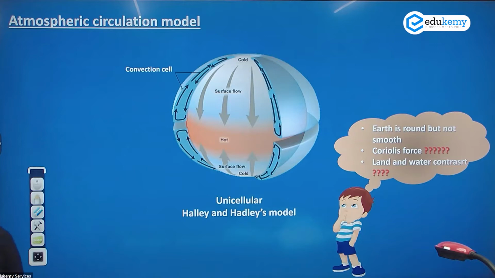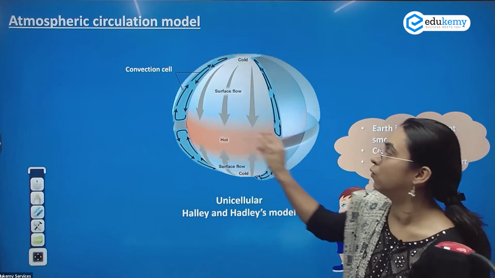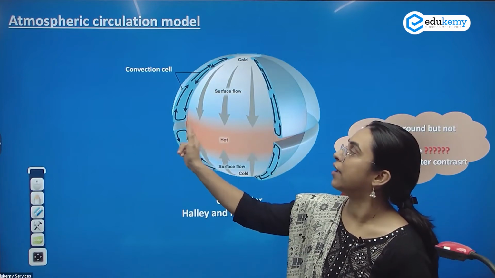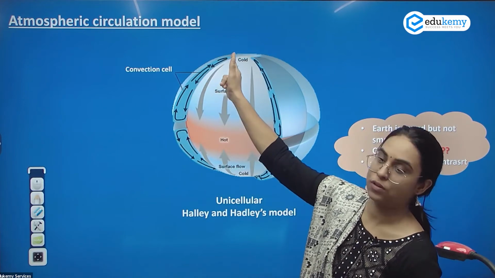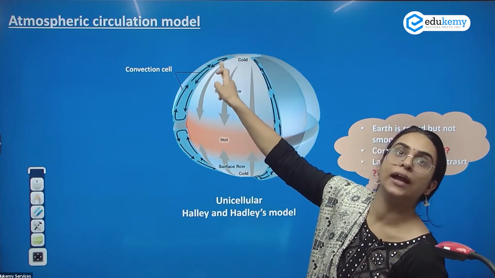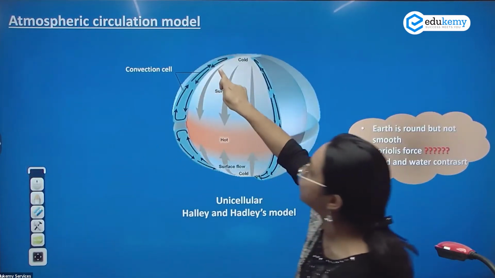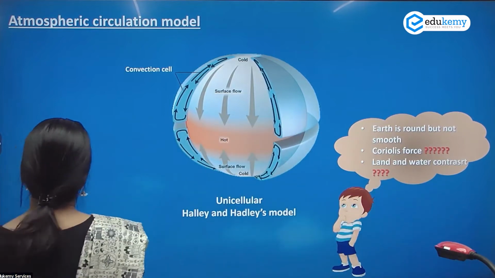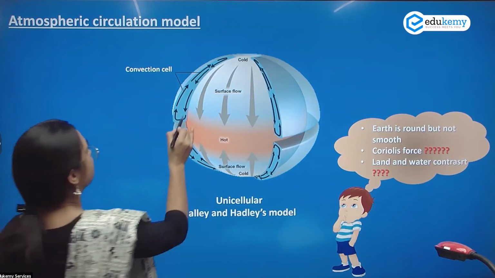Look at this. Okay. The equator is very warm. The air is rising. The air reaches up to the tropopause, moves along the tropopause, sinks at the poles, and then moves towards the equator on the surface. If I ask you, consider this as a cell. This is the surface wind, right?